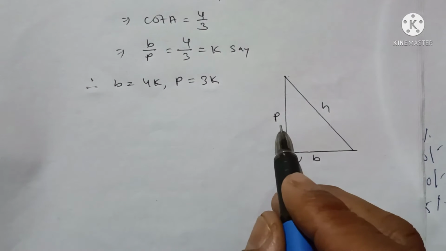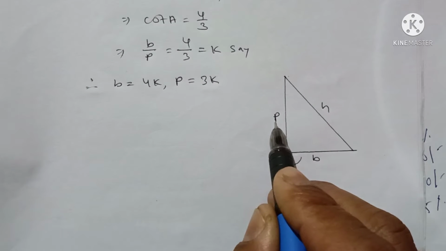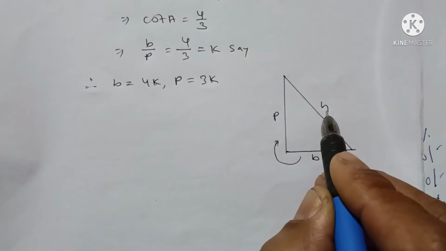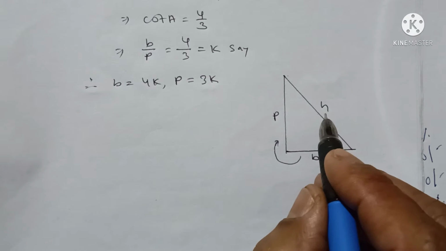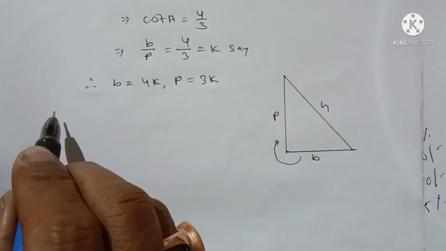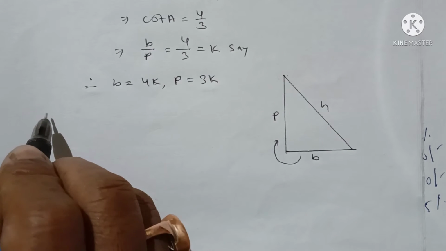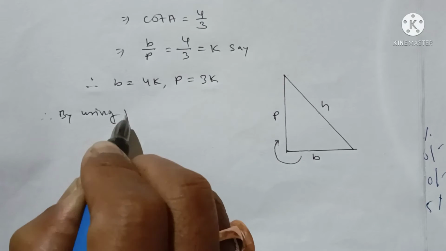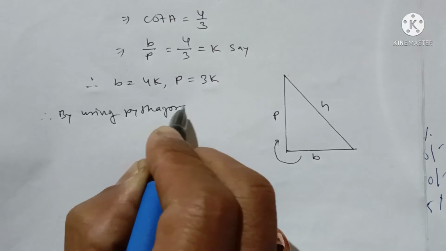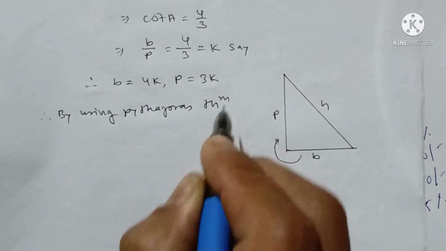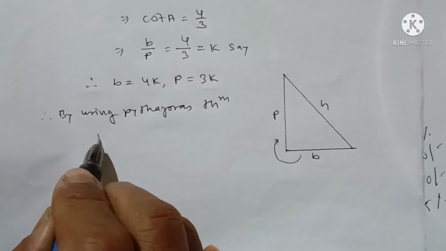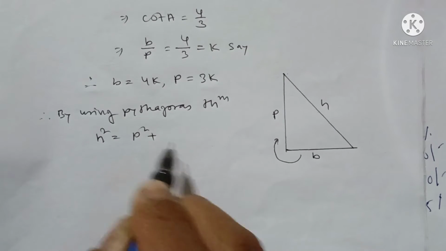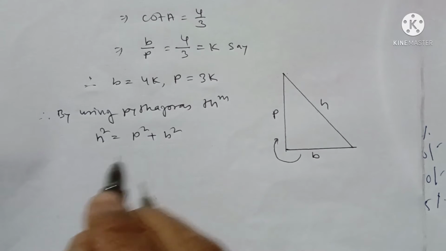Now we have got P is 3K, B is 4K. Then we have to find the value of H. Now we have to use the theorem of Pythagoras. Therefore, by using Pythagoras theorem, H square is equal to P square plus B square.